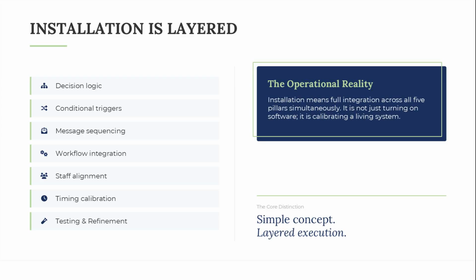Decision logic, conditional triggers, message sequencing, workflow alignment, staff alignment, timing calibration, testing and refinement. Each layer supports a different part of the life cycle, and each layer has to work with the others. Because this isn't something you turn on, it's something you integrate across the entire system.